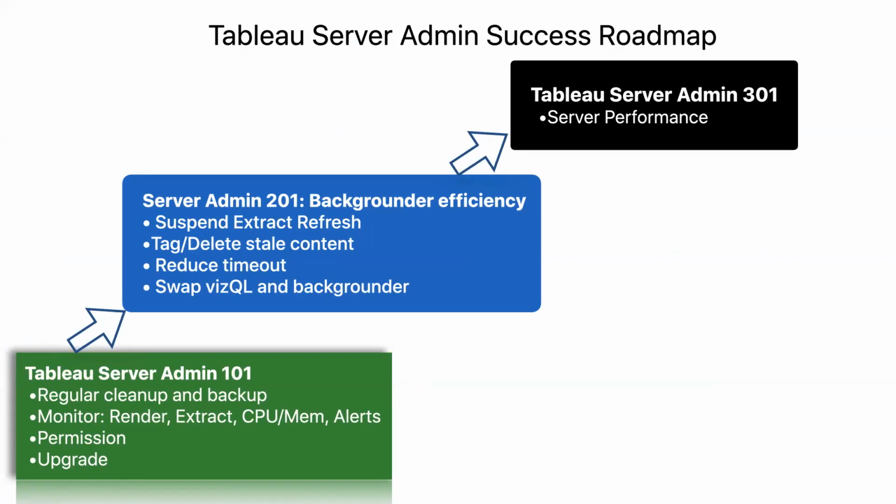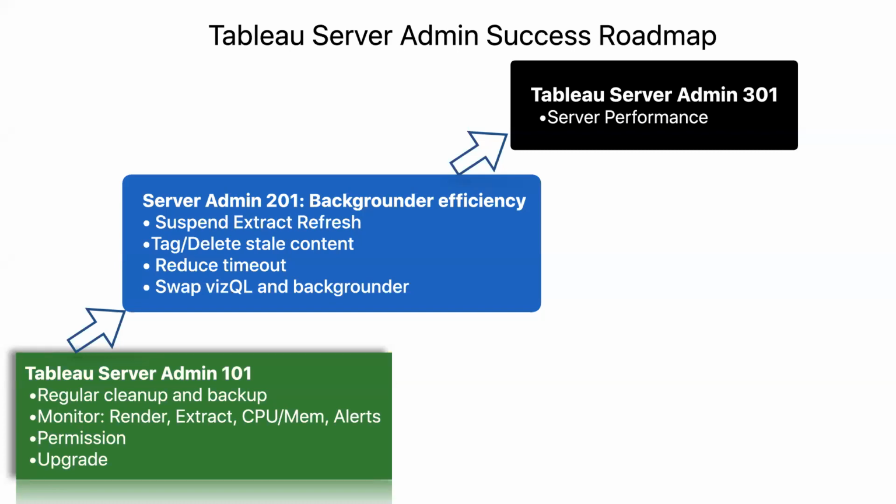Back in May, I had one presentation mainly focused on the beginners of server admins. I call it Tableau Server Admin 101. You can review that recording, and I do have a slide deck attached as well.